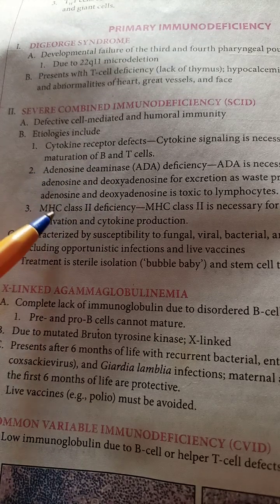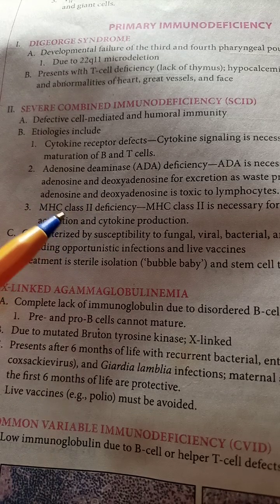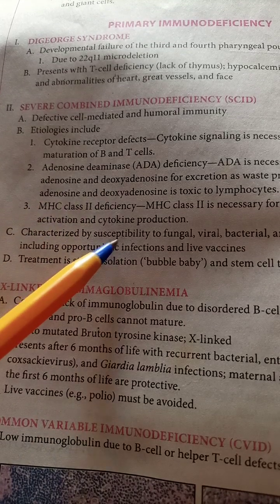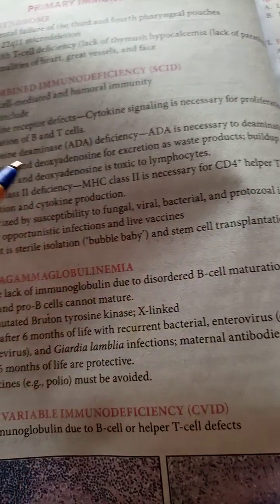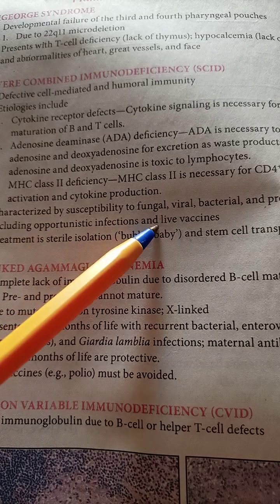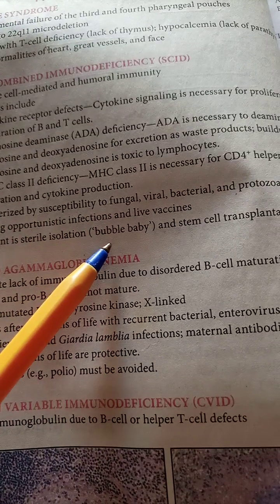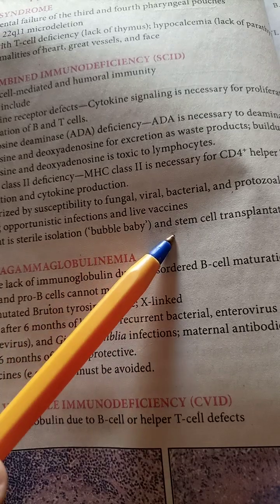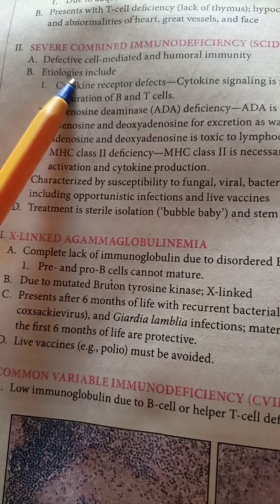MHC class 2 deficiency results in susceptibility to fungal, viral, bacterial, and protozoal infections along with opportunistic infections, and the treatment is sterile isolation. Bubble baby will be there, and stem cell transplantation is the treatment for severe combined immunodeficiency syndrome.